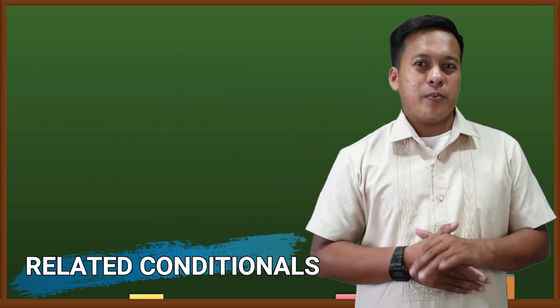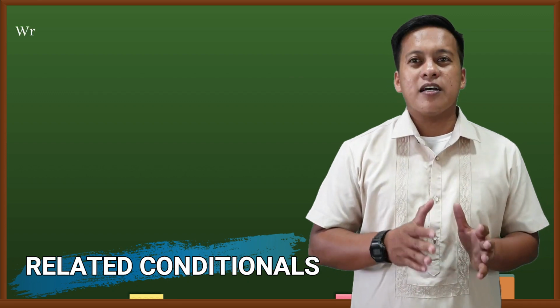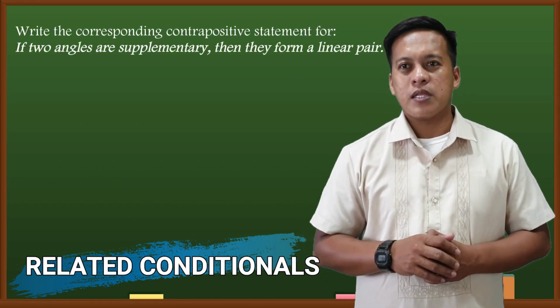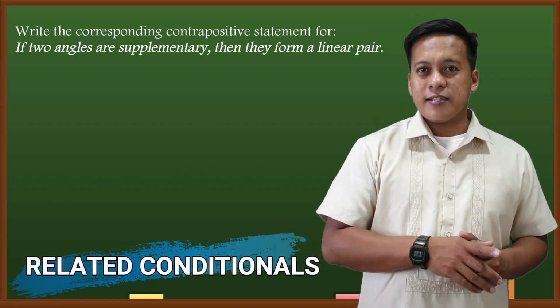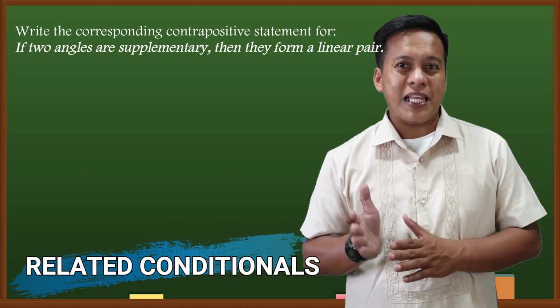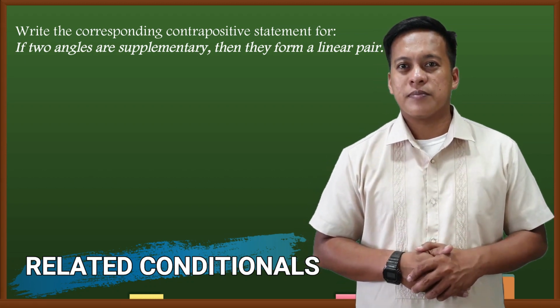In example number 4, write the corresponding contrapositive statement for if two angles are supplementary, then they form a linear pair.